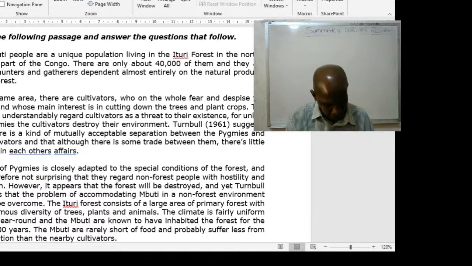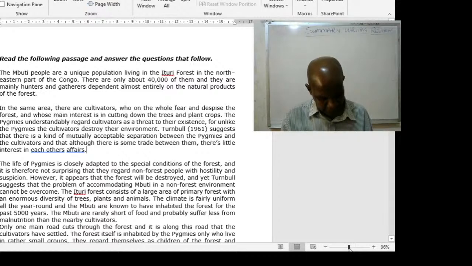So, in that passage, I've given you two questions. The first question is in not more than 80 words. Summarize why Turnbull thinks Mbuti pygmies value the forest.